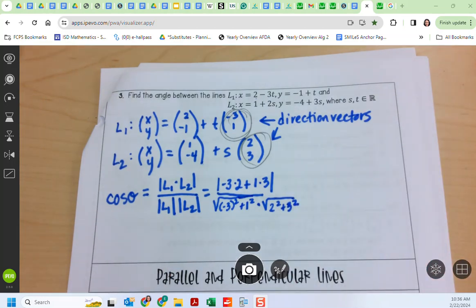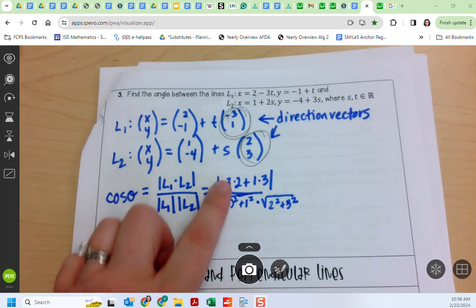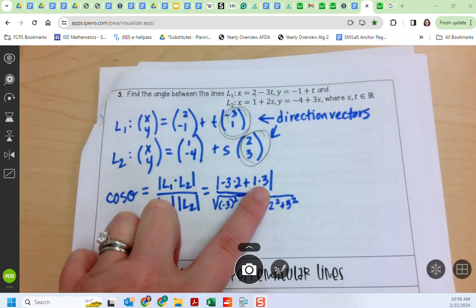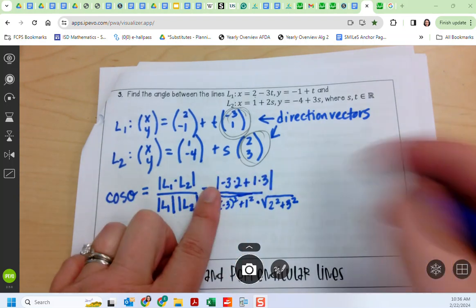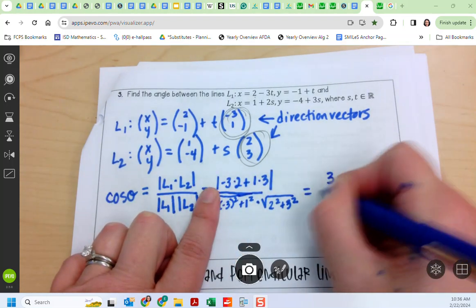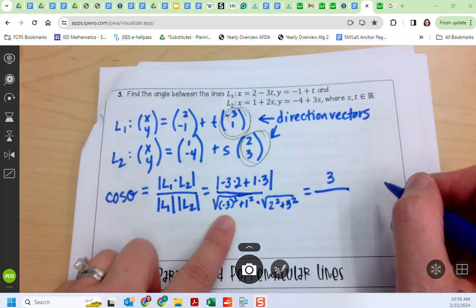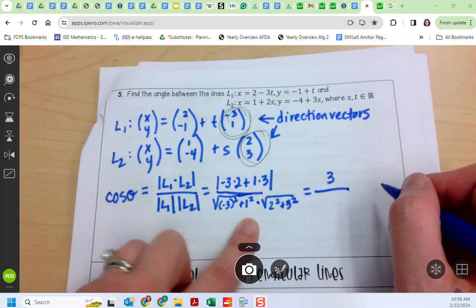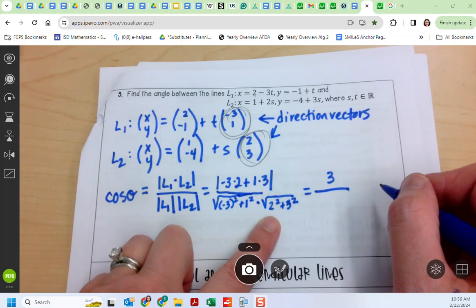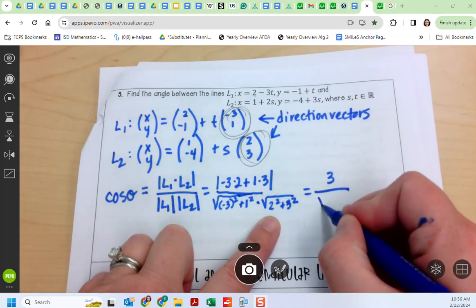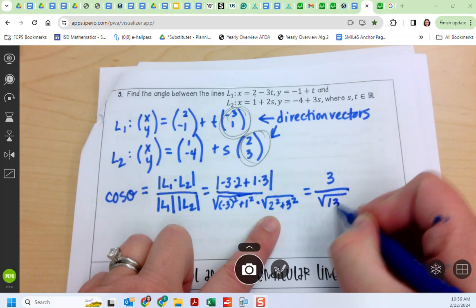We've done this formula before. All right, so I get -6 plus 3 is -3, and then the absolute value makes it 3. And then square root of 10 times the square root of 13 gives me the square root of 130.